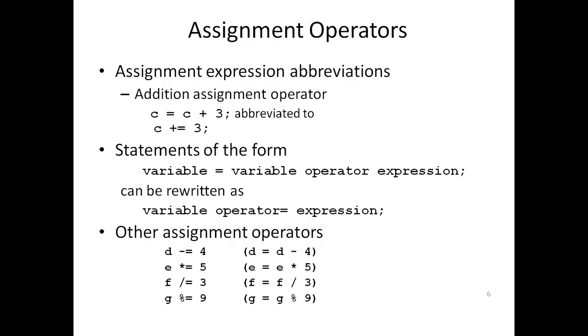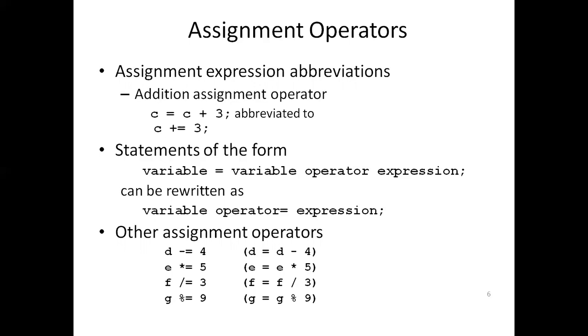This is the information flow, the control flow. Next, assignment operators. We mentioned them a little in the previous lesson, but again, there are assignment operators that can be written in abbreviated ways. For example, c = c + 3, you can write as c += 3. That's exactly the same result.